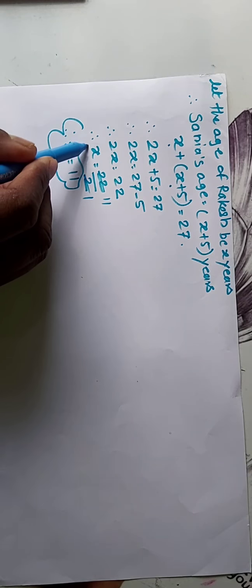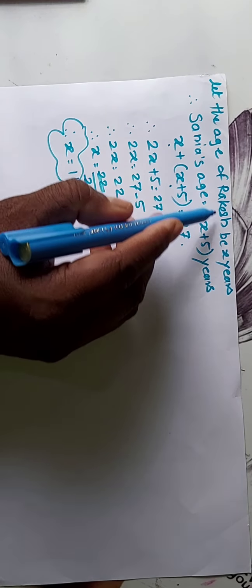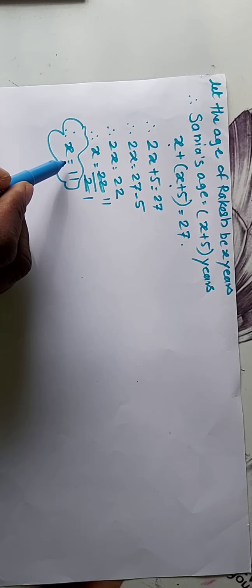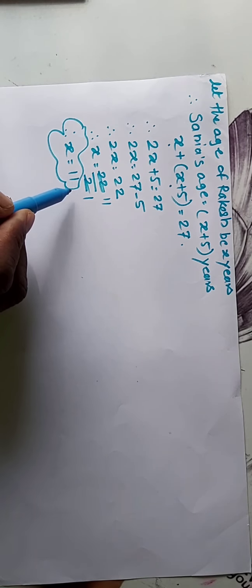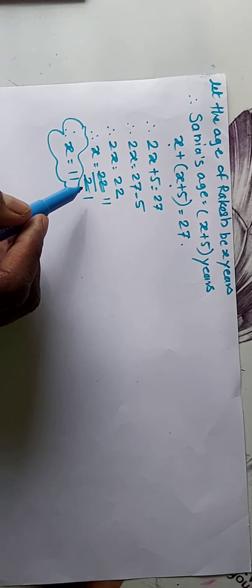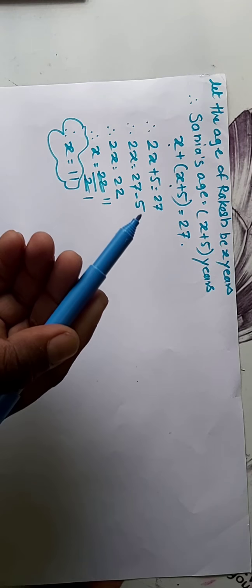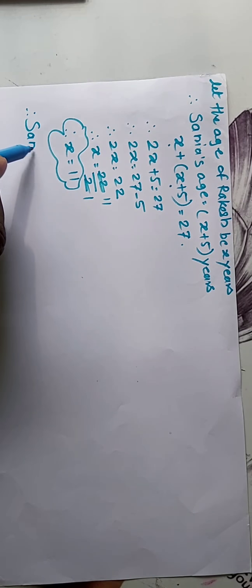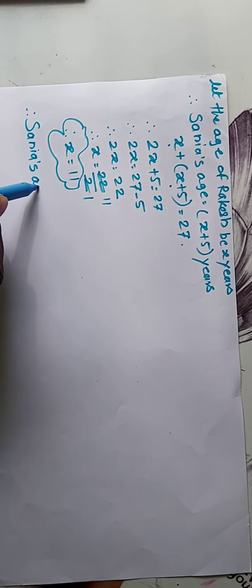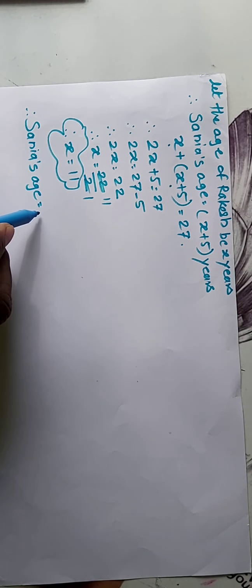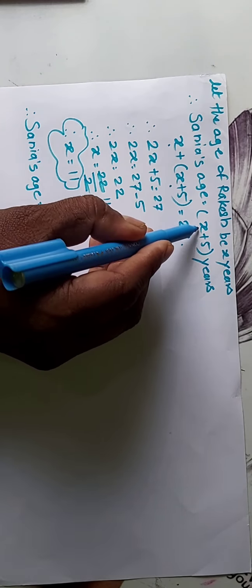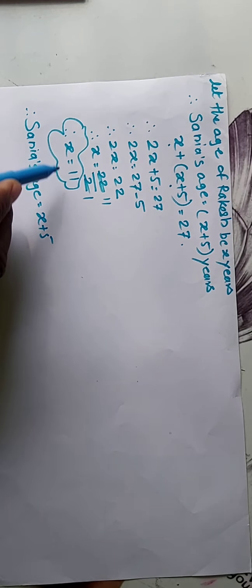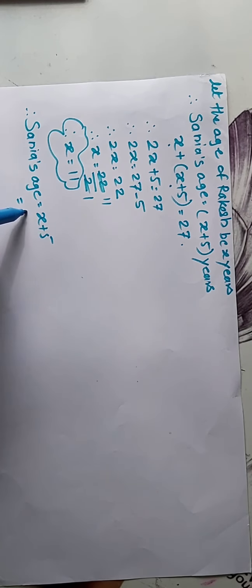Now, we let the age of Rakesh be x, so we got Rakesh's age, that is 11 years. Now Sania's age is x plus 5, as we considered here. So we'll put the value of x here: 11 plus 5, that is 16 years.